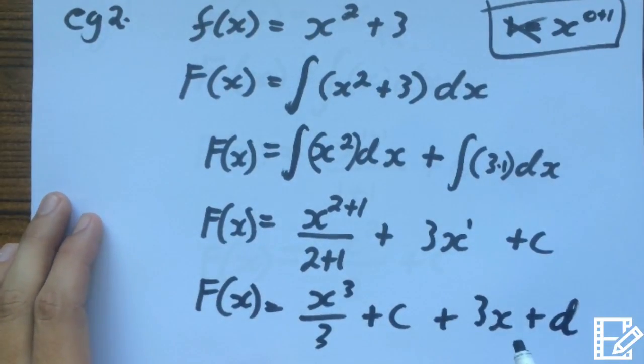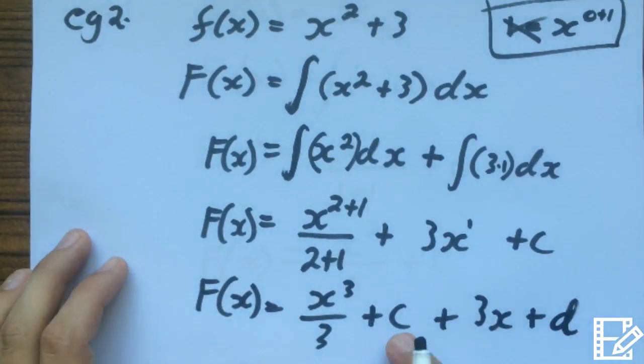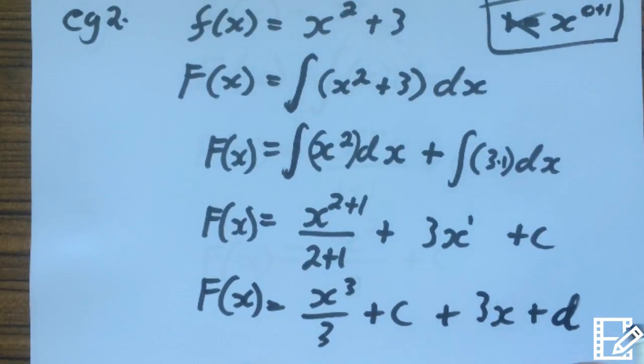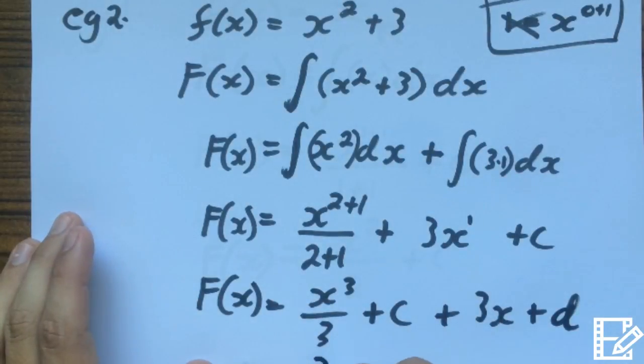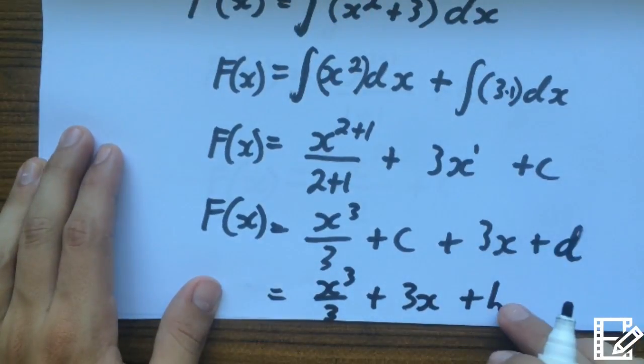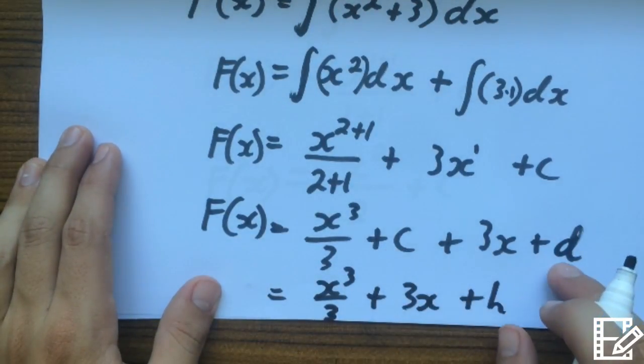I could do that. But because we don't know the values of these, when you add them together, rewrite this, x to the power of 3 over 3 plus 3x, we could have plus h. And h would signify c plus d.